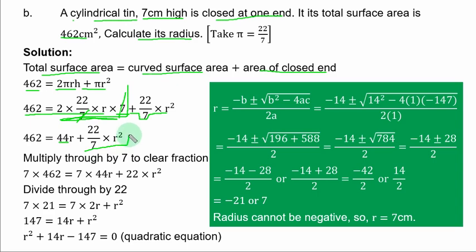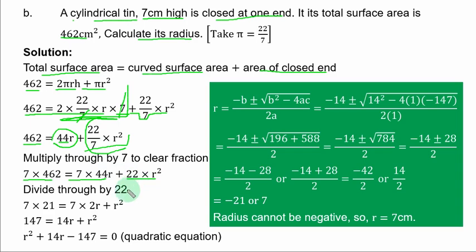We need to clear the fractions by multiplying through by 7. This is one term, this is another term, and this is the last term, so multiply through by 7. So you have 7 times 462 equal to 7 times 44r plus, 7 will remove 7, and you have 22 times r squared.